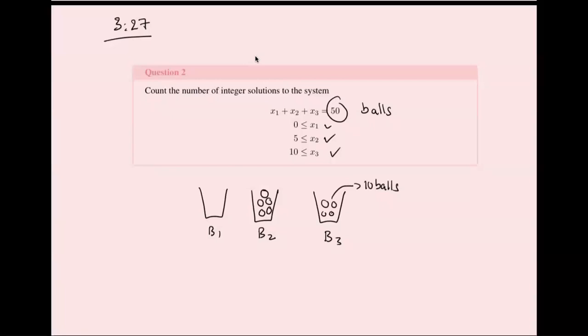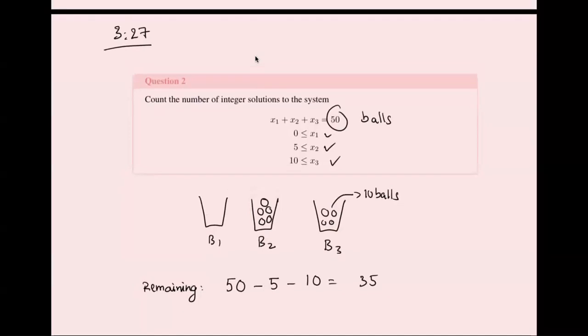I only need to distribute the remaining balls however I want. After you distribute 5 balls into bin 2 and 10 balls into bin 3, the remaining balls that you have left is 50 minus 5 minus 10, right? Because originally you have 50 balls, but you already had to put 5 in here and 10 in here. So now you are left with 35 balls.